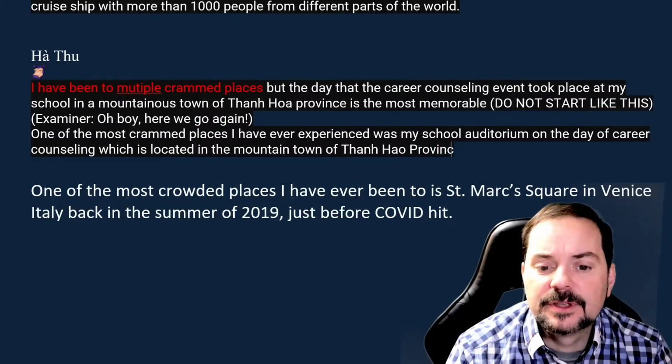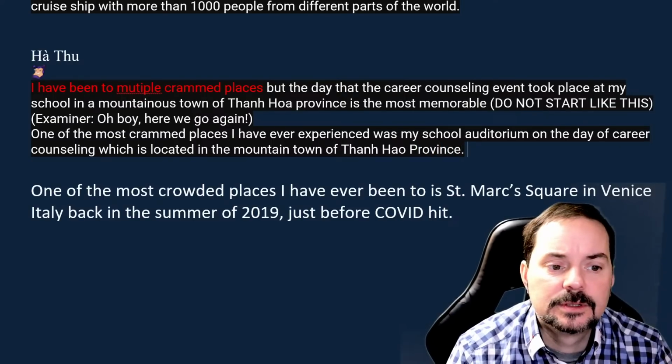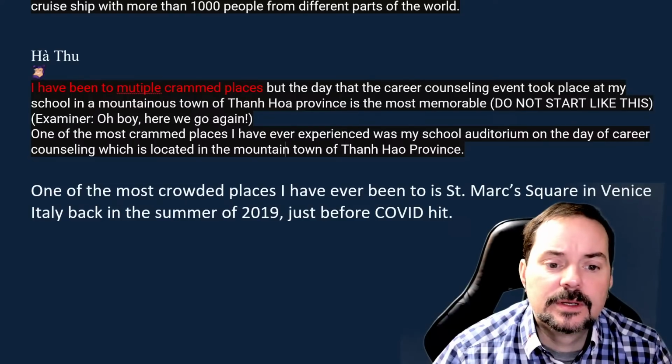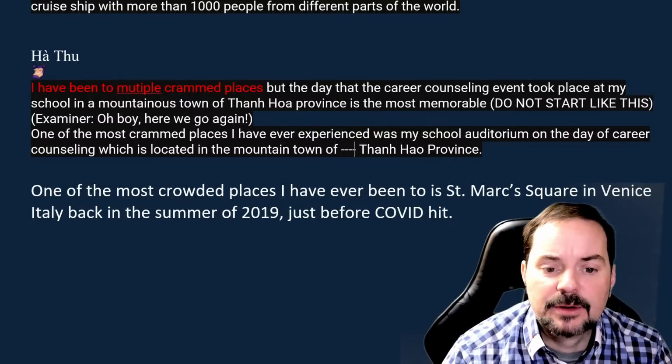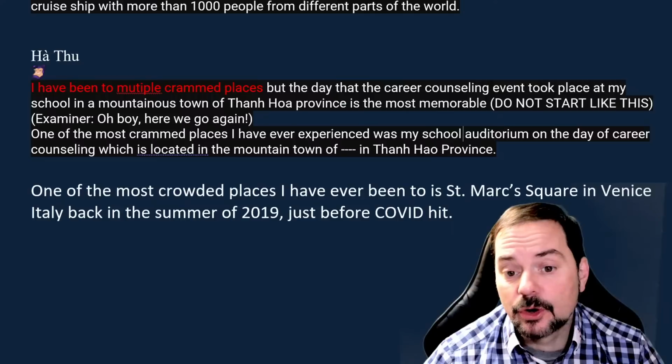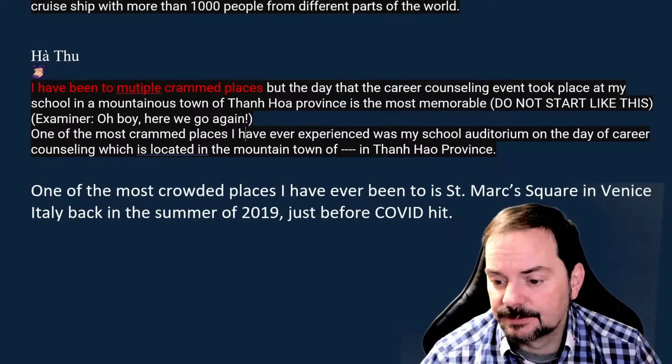What's the name of the town? We need the name of the town to make sense of this. Okay. So this would be the correct way to introduce this.